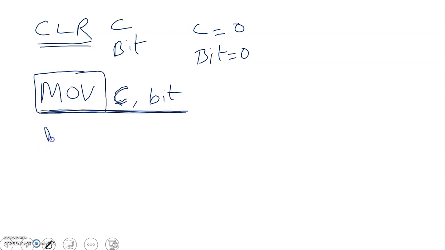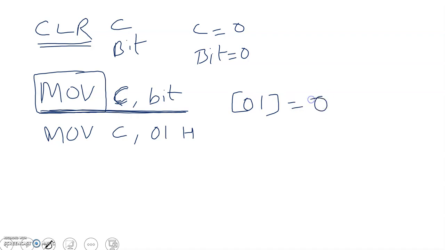Let us take one example. If I write MOV C, 01H, and 01H had a value of 0, then after this instruction the carry flag will be equal to 0.